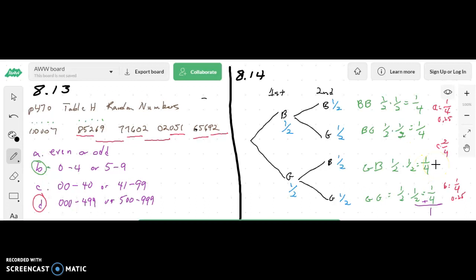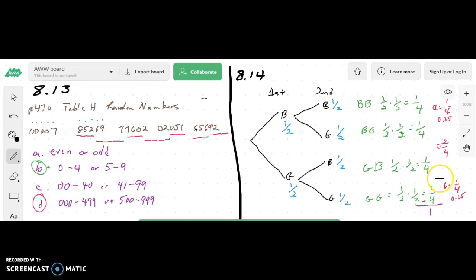Or you can use the fact that all four of these are all the possible outcomes. Whenever you do this with tree diagrams, whenever you have all of the possible outcomes listed, those probabilities must add up to 1, because one of these outcomes has to happen. It's certain that one of these four things is going to happen.